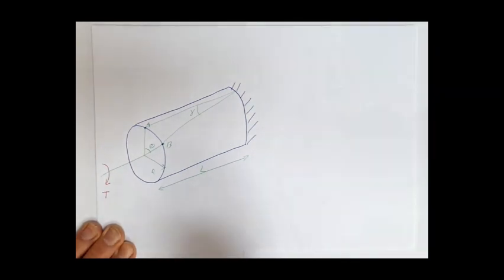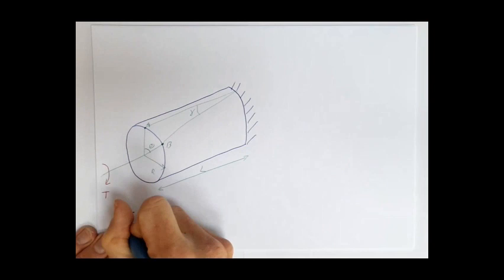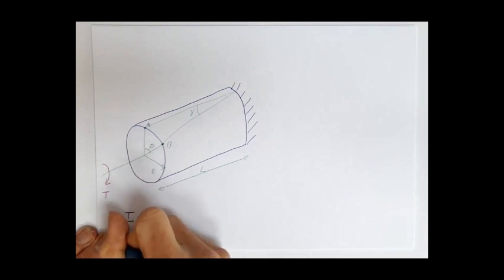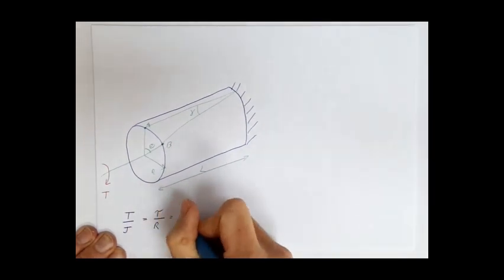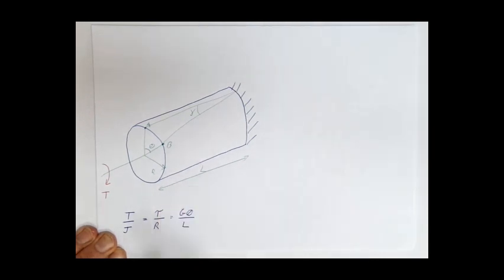Now, what does the simple theory of elastic torsion show? What we can show is that T over J equals tau over R equals G theta over L. Now, what do all of those terms mean?